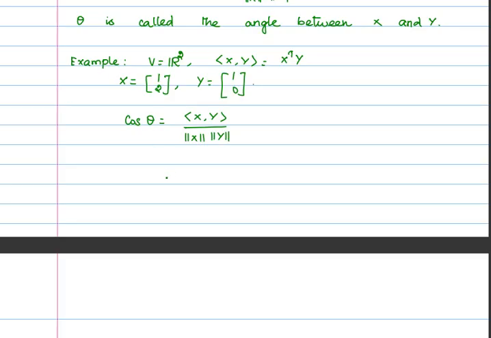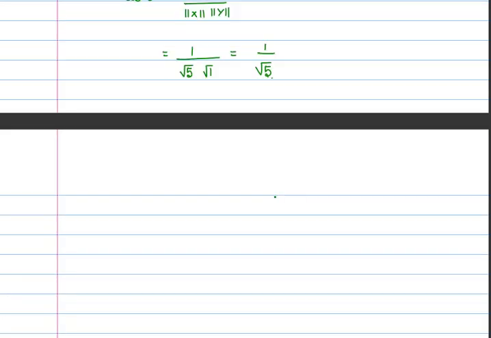The inner product of x comma y is 1 times 1 is 1, 2 times 0 is 0, divided by the square root of 5 times the square root of 1. This is equal to 1 over square root of 5. So theta equals cos inverse of 1 over square root of 5.